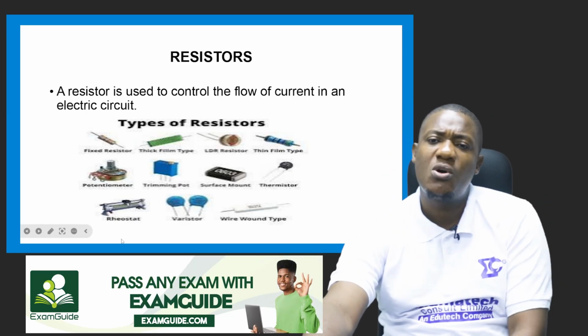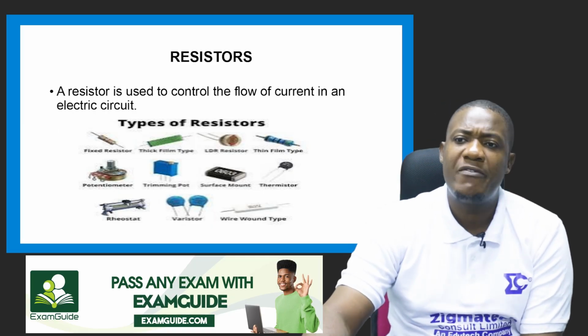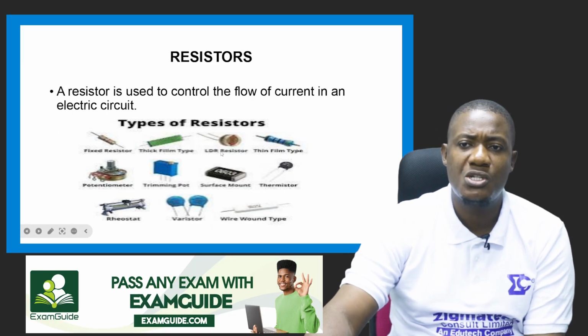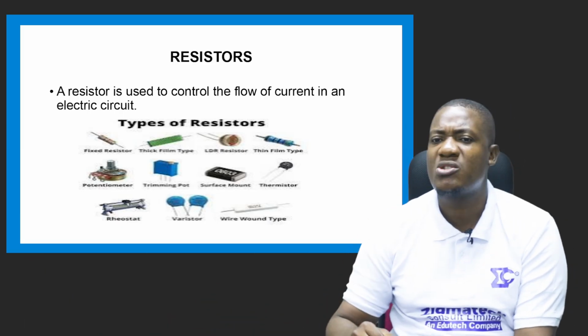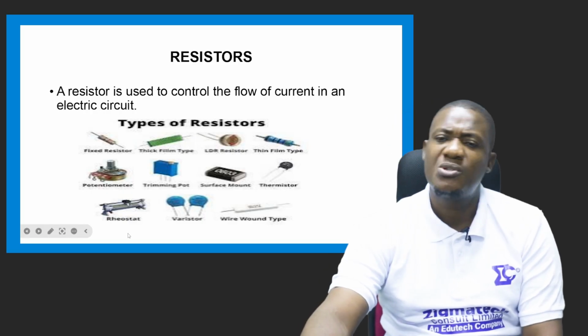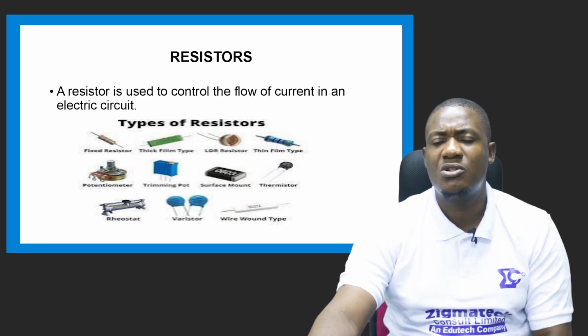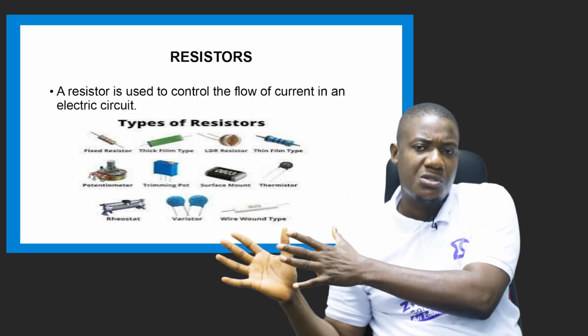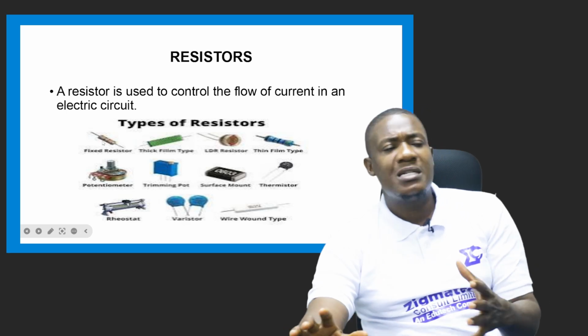We have fixed resistors. This is an example of a fixed resistor. We also have the LDR, the thermistor, the varistor, and the rheostat. The rheostat you see here is a typical example of a variable resistor, those resistors that don't have fixed values. But a fixed resistor has a fixed value.